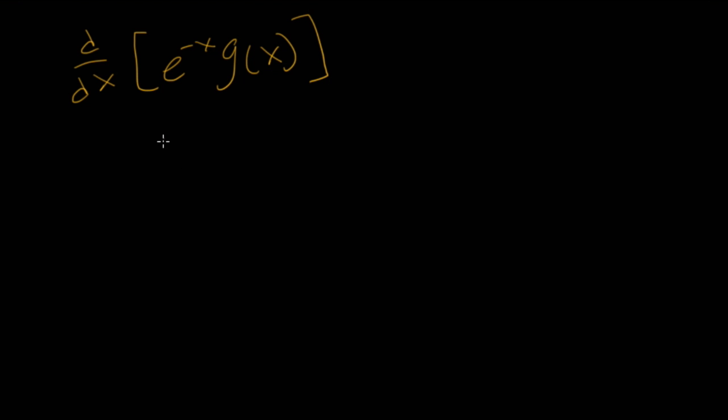So we have the definitions for the functions, and now let's take the derivative of this. The reason we're going to do this is we'll get a nice relation at the end, and what we're going to exploit is the fact that the derivative of e to the x is e to the x.